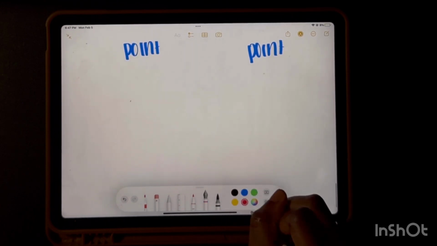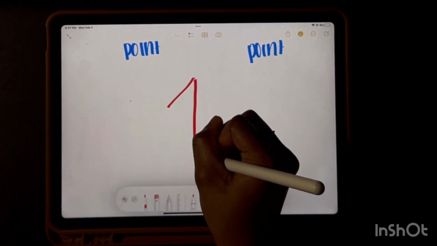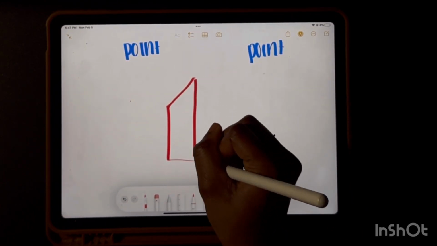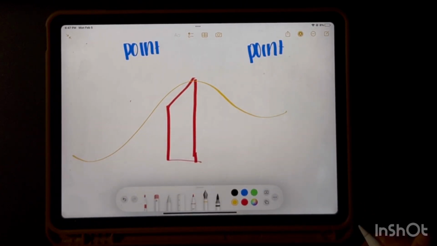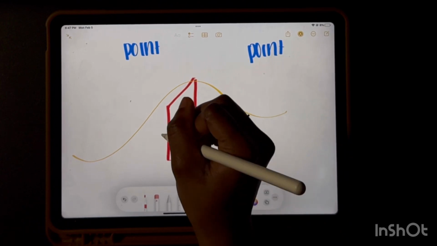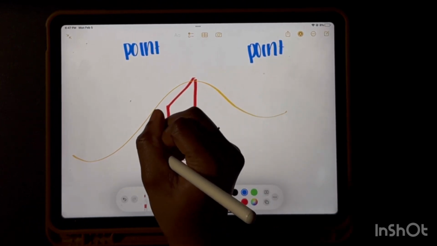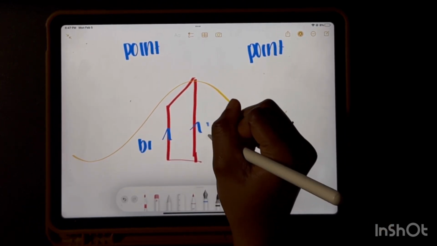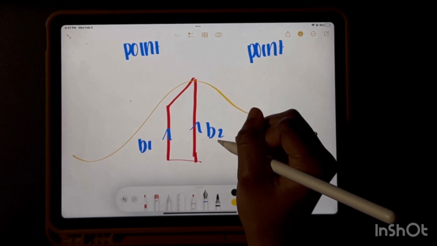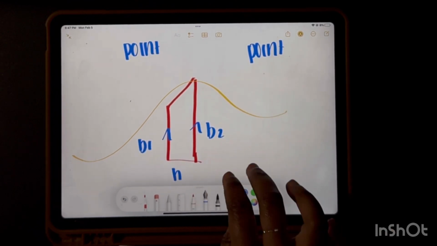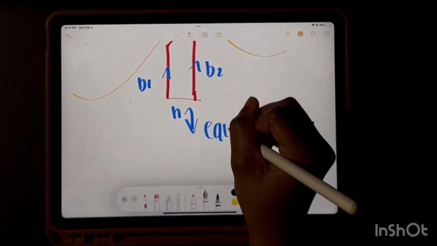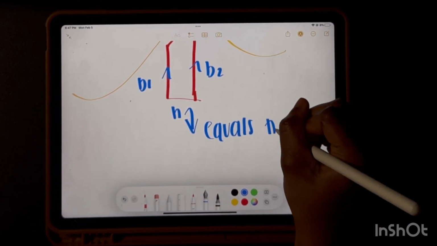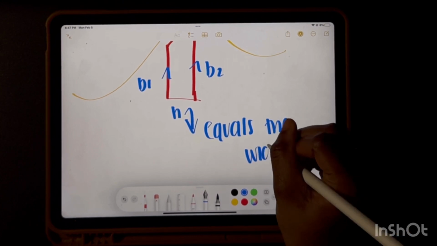Let me show you a picture. This is what your mini trapezoids on the interval would look like. So your B1 would be on this side, your B2 would be on the other side, and your H would be your base, which also, like I said, equals the width.